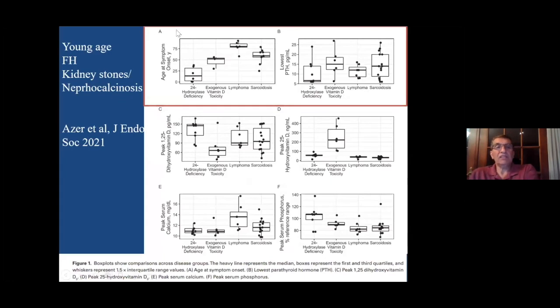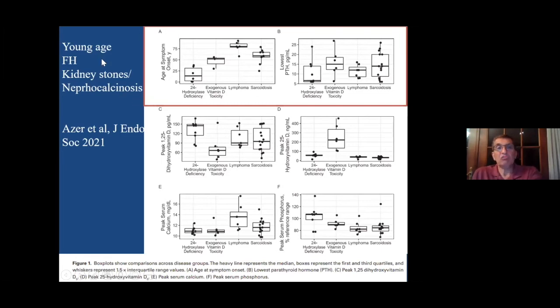And now this is a study trying to look at whether you can distinguish this from other causes of vitamin D mediated hypercalcemia. And this is actually from Rob's colleagues. I don't know if Peter is on, but Peter Tebben is one of the authors of this paper. And they looked at a handful of patients who had this mutation and compared them to people, for example, with lymphoma and sarcoidosis.